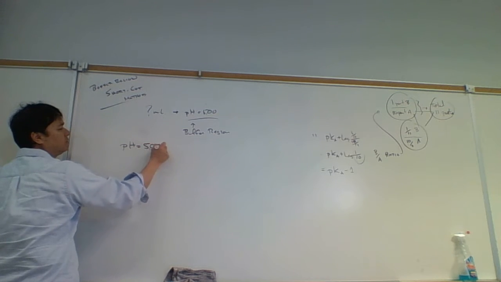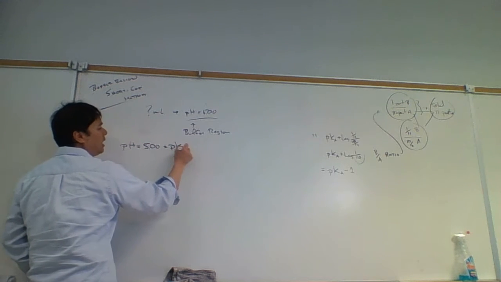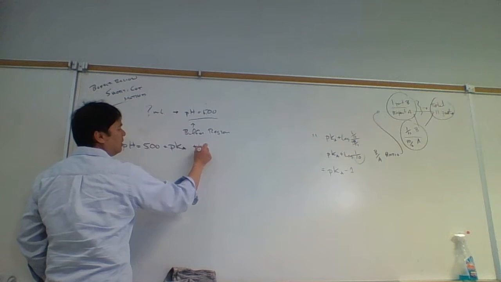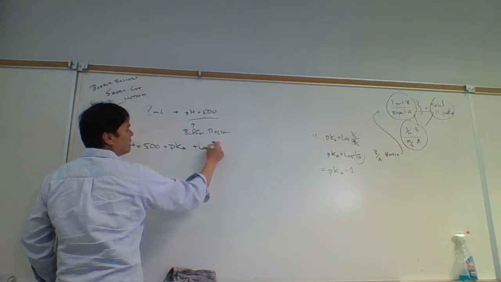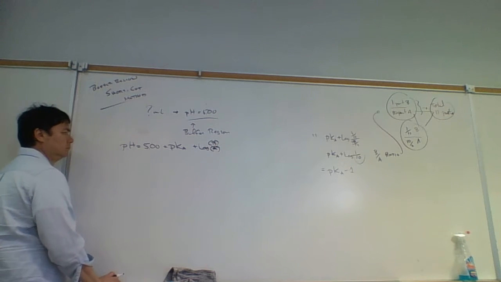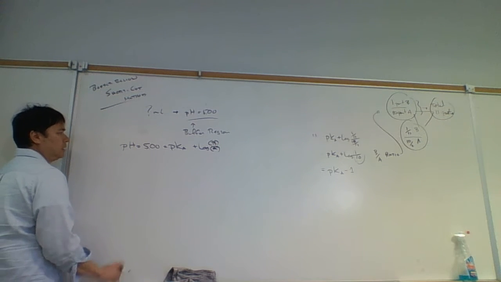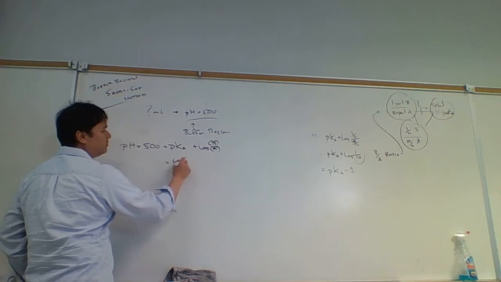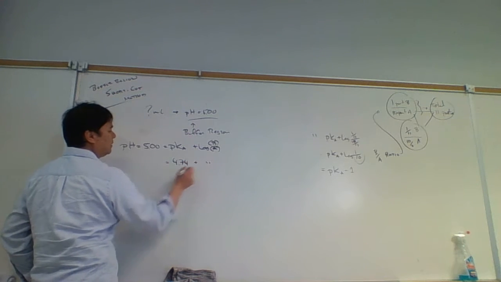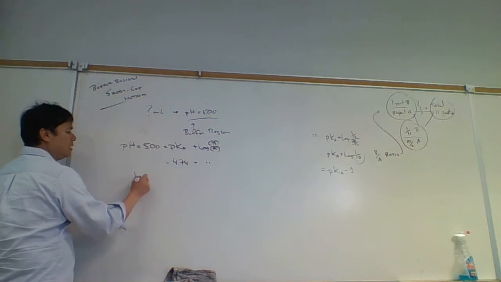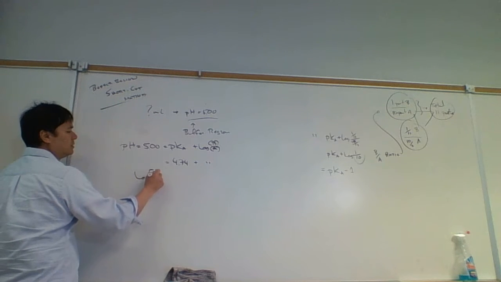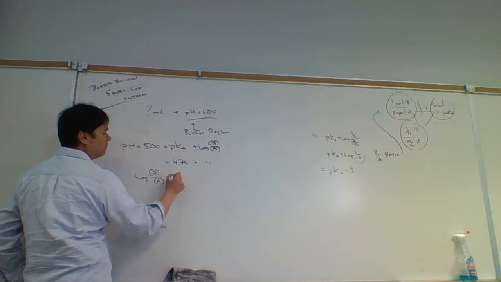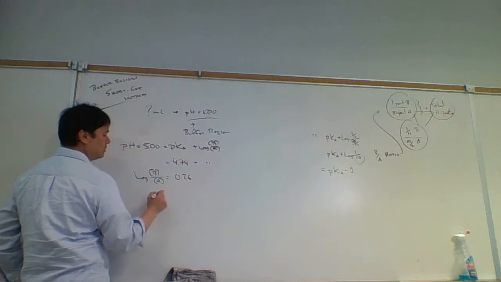And that is pH is equal to 5.00, which is equal to pKa plus the log of the base to acid ratio. Well, the pKa is 4.74. And so the log of the base to acid ratio is equal to 0.26.